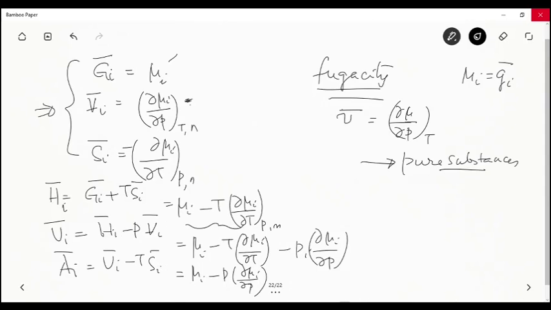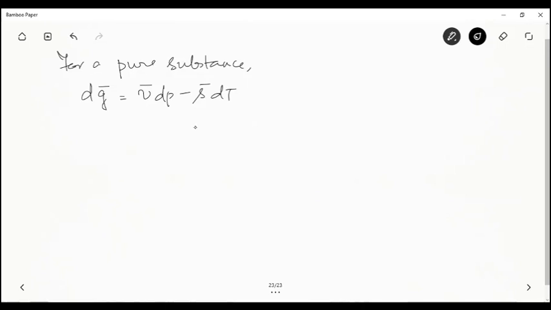Okay, so for a pure substance, we can write dG, the change in the molar specific Gibbs function, is equal to V dP minus S dT, from the same expression that we had written earlier.